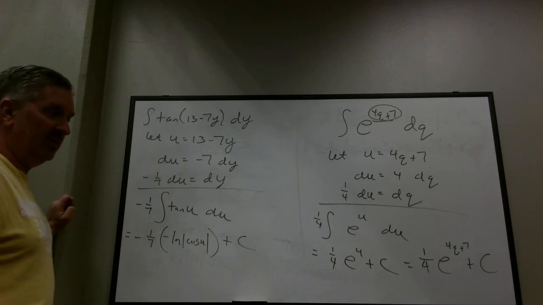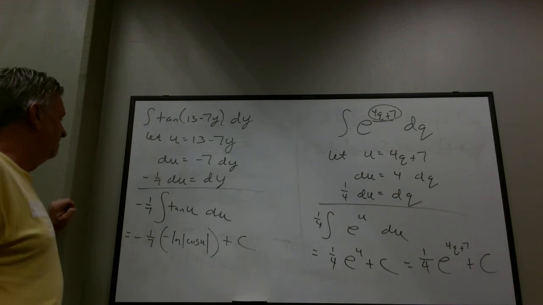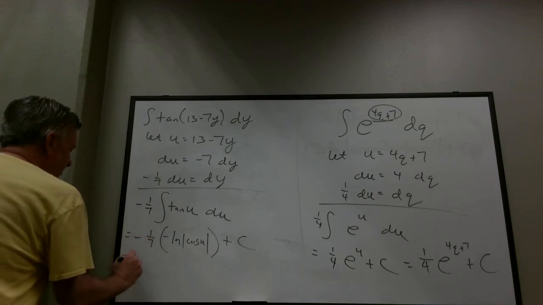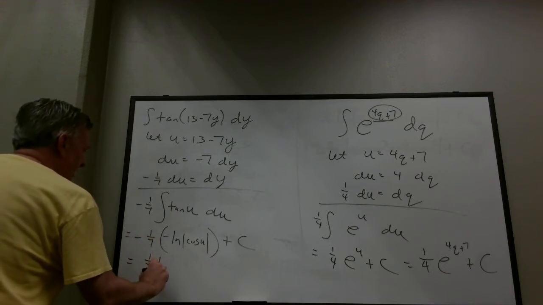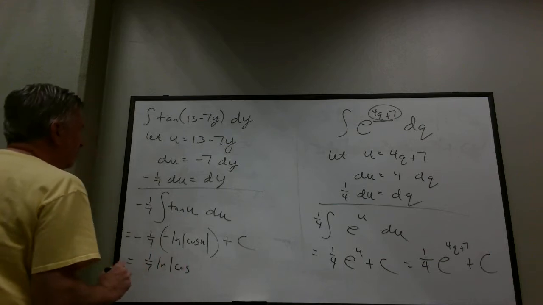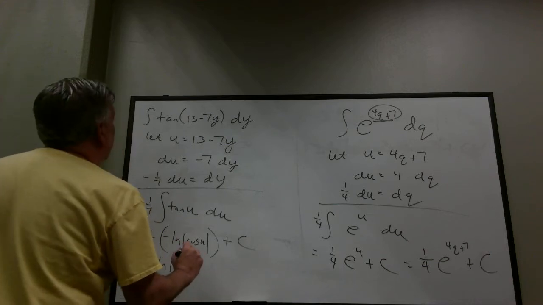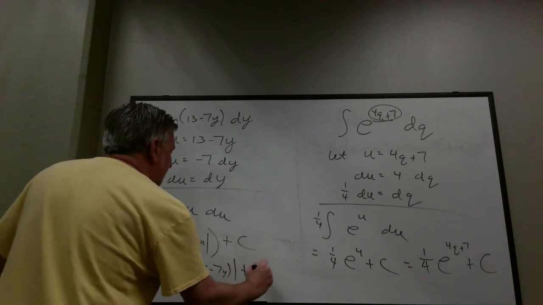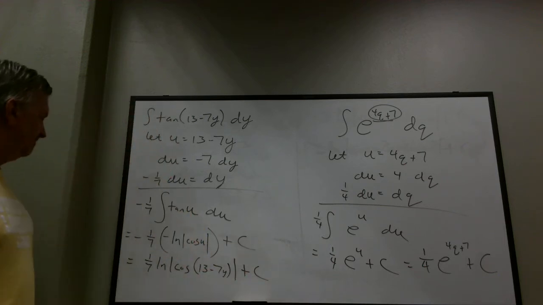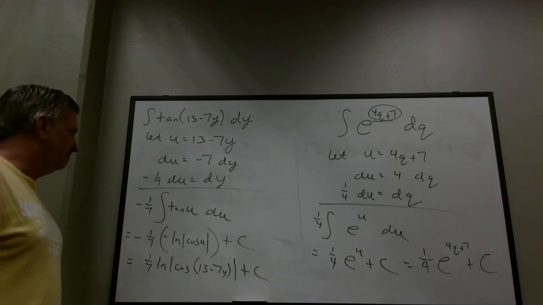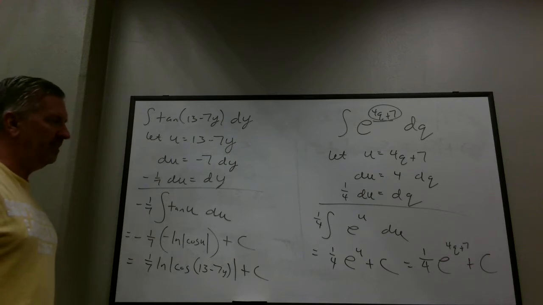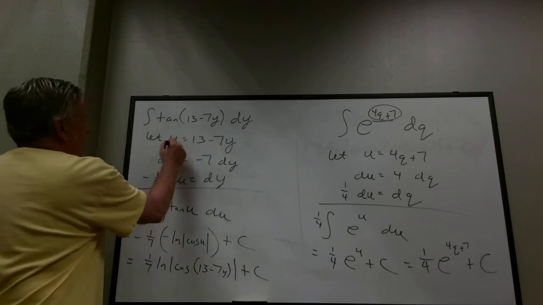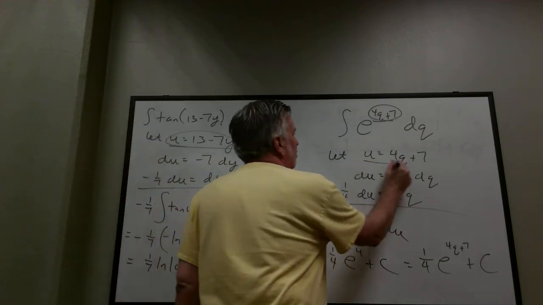I had to make sure I knew it before I yell at you. Okay, so the negatives here multiply to 1, so I get 1/7 nat log absolute value of cosine u, which is 13 minus 7y. Okay? So both of these were linear substitutions, right? u is 13 minus 7y, u is 4q plus 7.